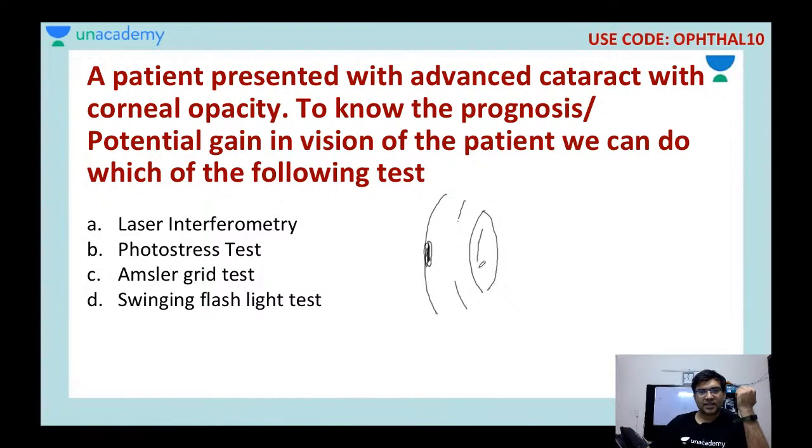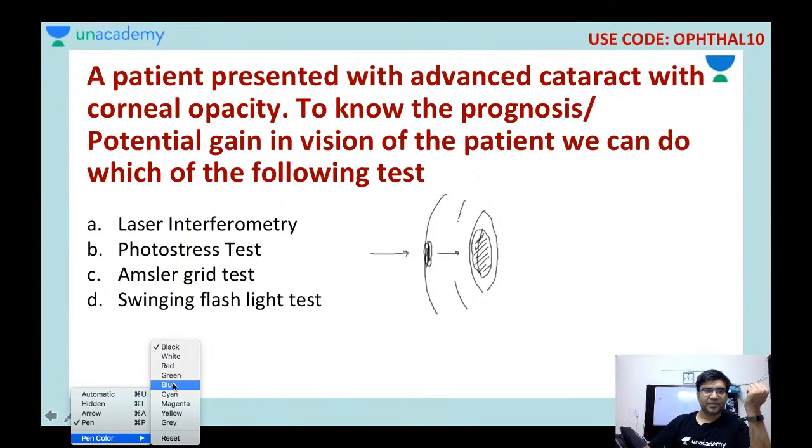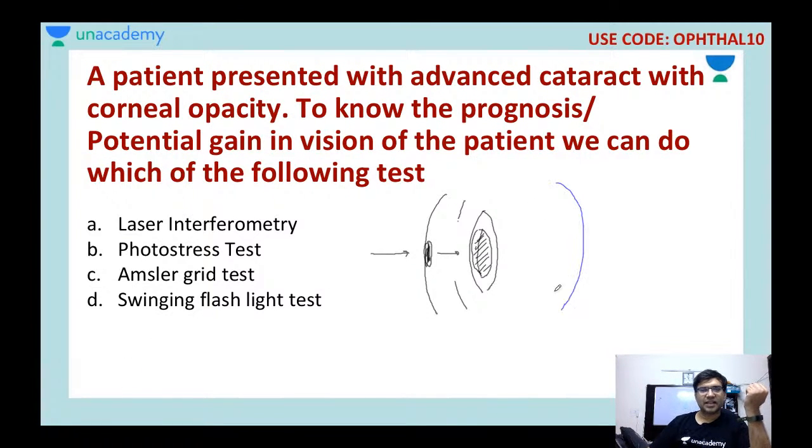This is an advanced cataract. So when we take the vision from the center, the patient would not have a good vision. But what we do is we basically make a pattern over the retina and we provide a very sharp laser pattern.